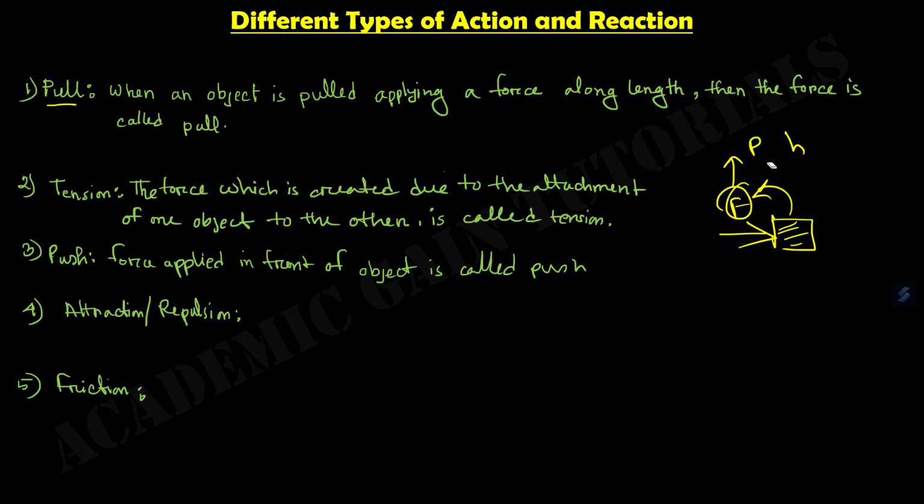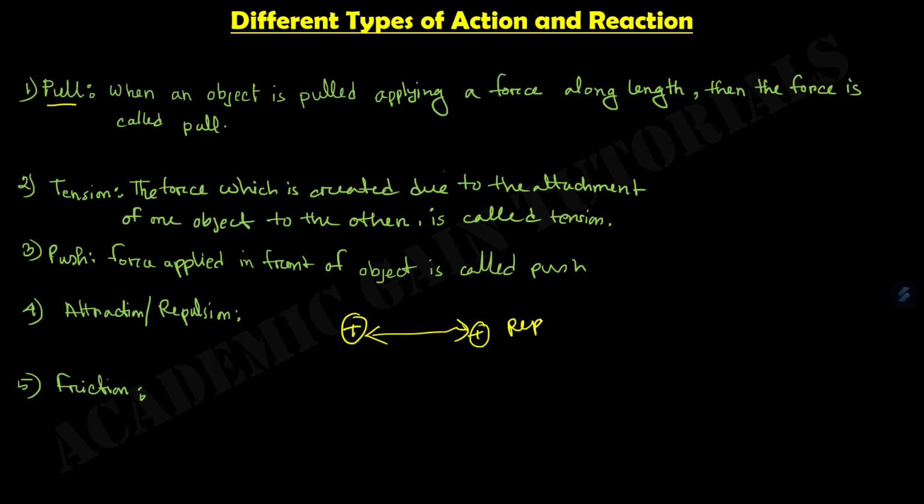Then coming to the fourth one, which is known as attraction and repulsion. What is attraction and repulsion? These two forces act at a distance. Similar charges or two similar magnetic poles, for example a positive and a positive charge, repel each other, and a negative and a negative charge also repel each other.